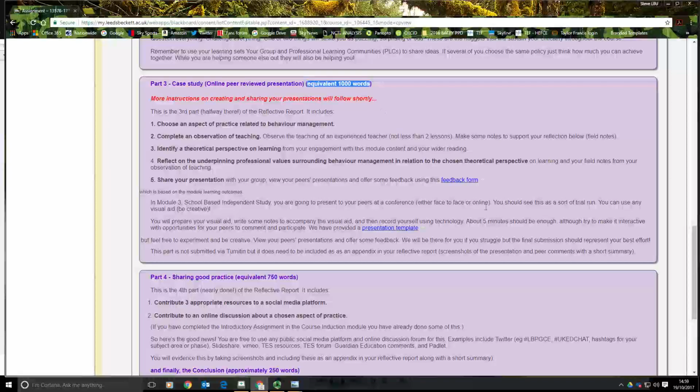What we're saying is, if you create a 5-minute presentation that addresses these things, that in itself, alongside giving feedback to a couple of your peers, is equivalent to 1,000 words in terms of effort, not necessarily in terms of actual wordage. So please, for this section, think about the 5-minute length of your presentation far more than this notion of 1,000 words.